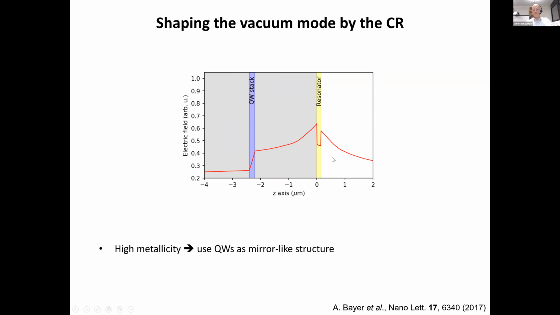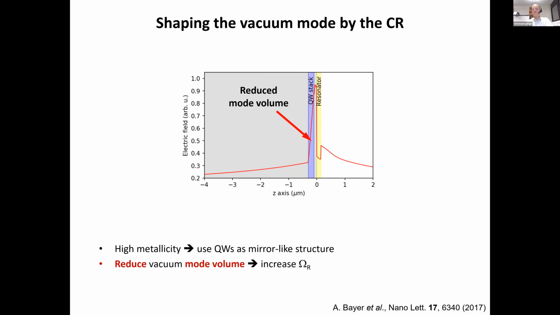We observed in the design process that we could actually use the quantum well stack, the electronic excitation itself, as an additional part of the cavity. We could change the doping and the placement relative to the resonator and achieve an additional confinement of the photonic mode by squeezing the mode between the electronic system and the resonator.